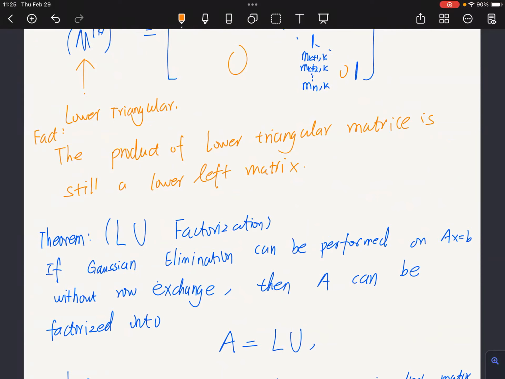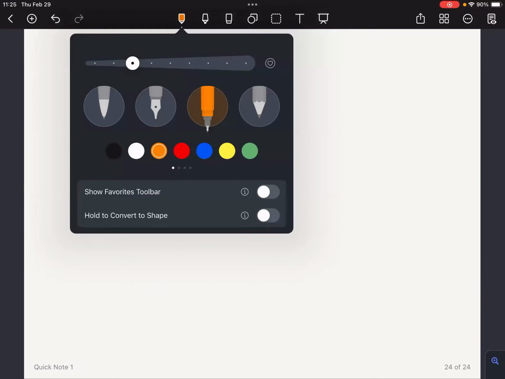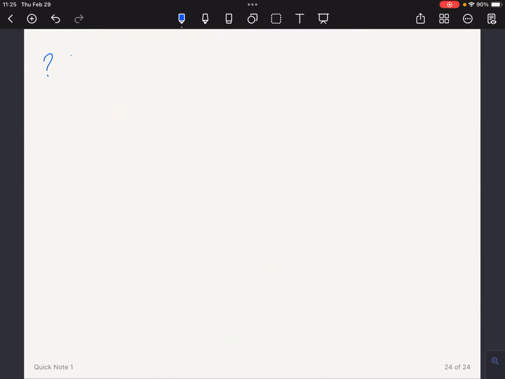Today I'm going to answer this question. You should memorize this theorem, and I may ask you to write it down on your final exam. So the question is, what kind of matrix A has an LU factorization?